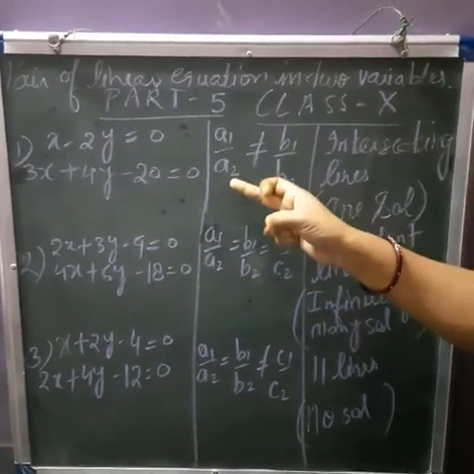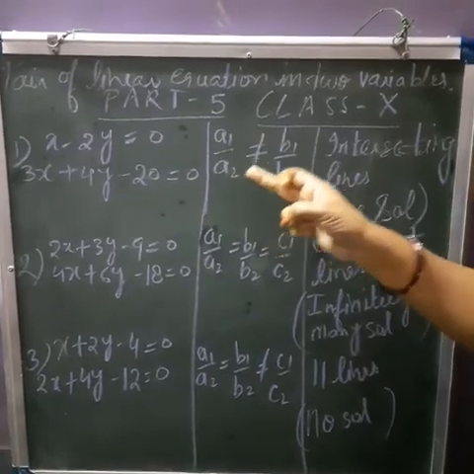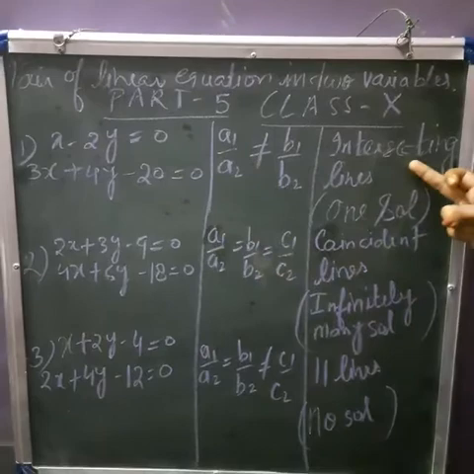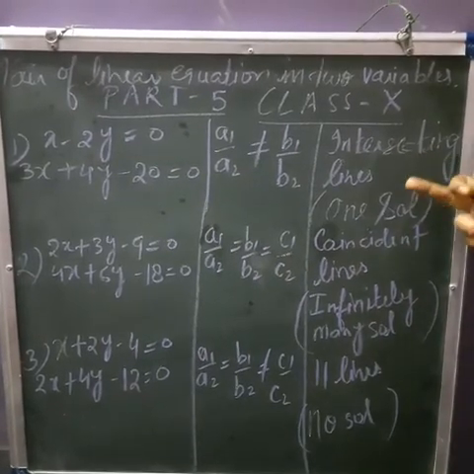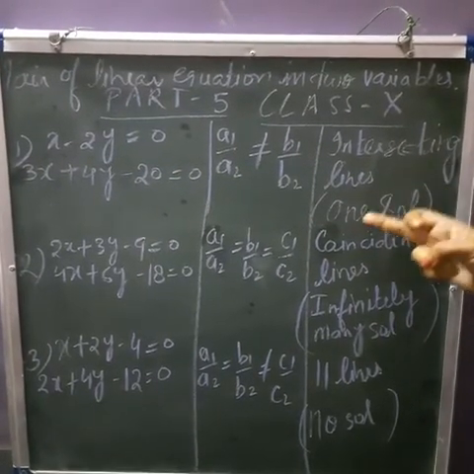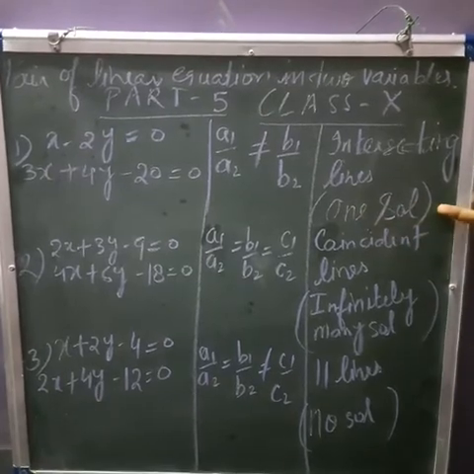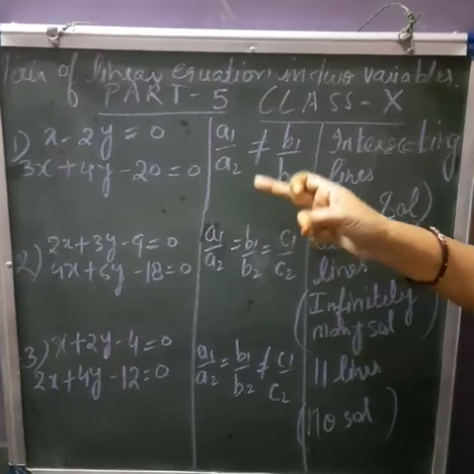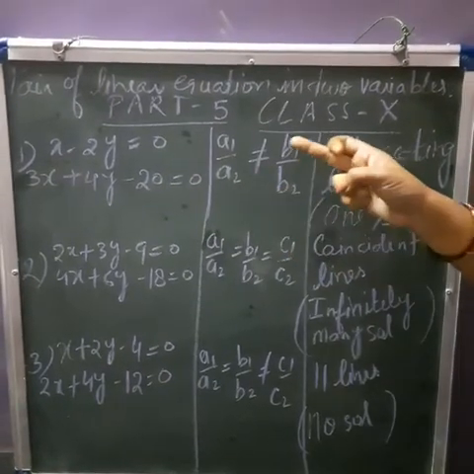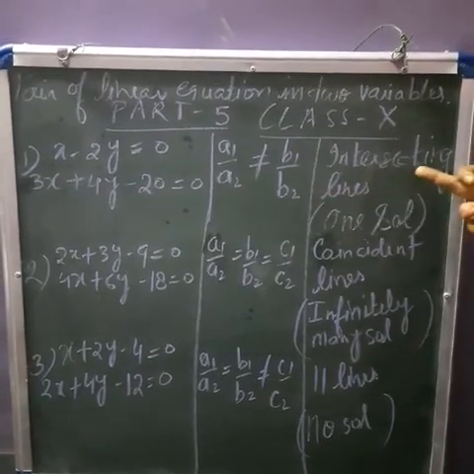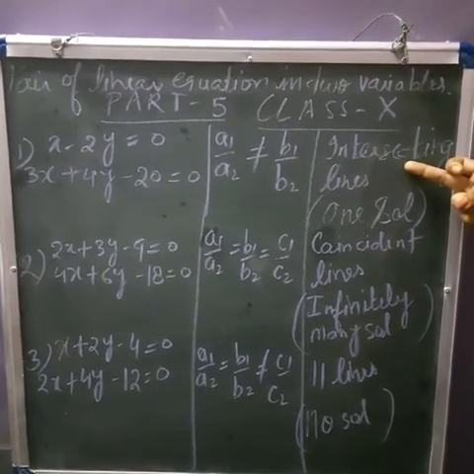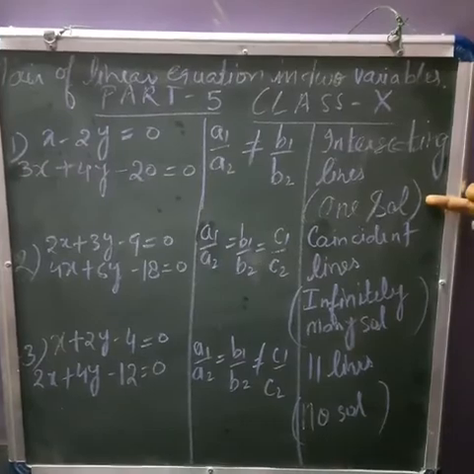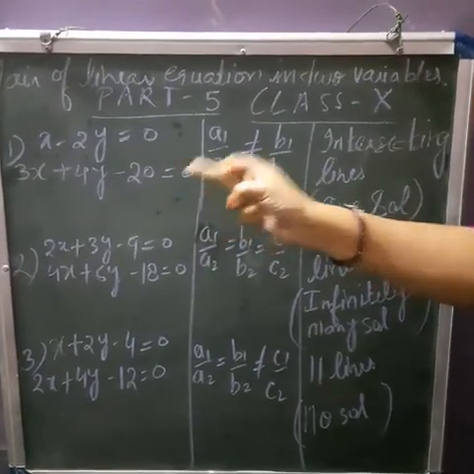So if we are getting a1 upon a2 not equal to b1 upon b2, these lines are intersecting lines, which means we will have one unique solution. In these types of lines, where a1 upon a2 is not equal to b1 upon b2, the lines are intersecting and we have one solution. That will be the answer for these equations.